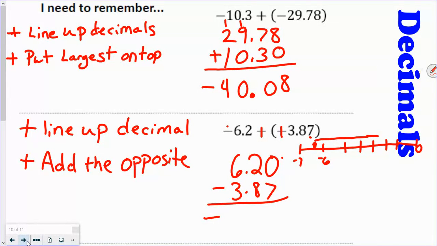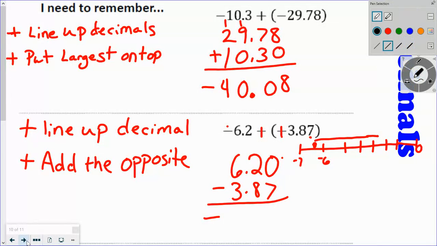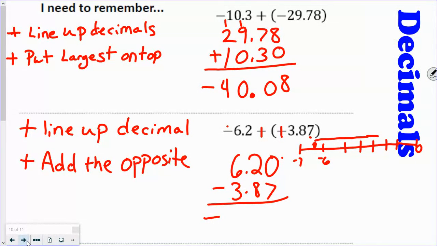Before we can do much, I actually have to do some borrowing and regrouping. I can't take 7 away from nothing. So this 2 now is a 1, and then this becomes 10, not 11. And because I'm not going to be able to take 8 away from 1, I'm going to borrow from this 6 to make that 11.